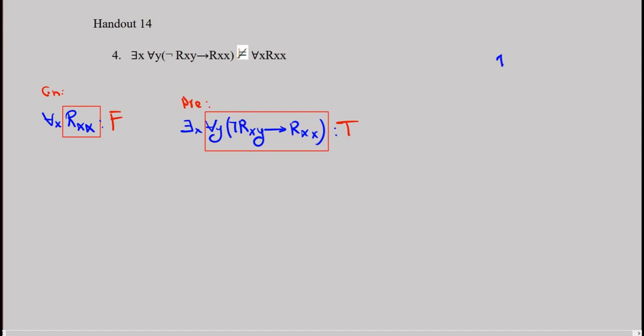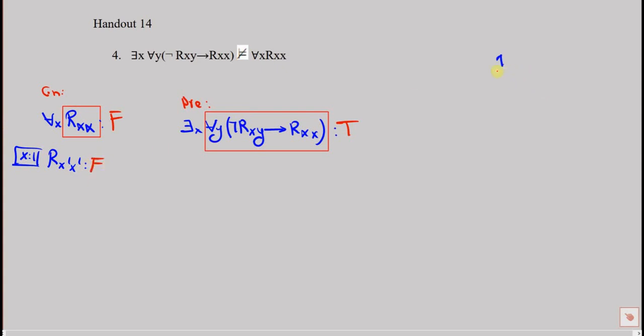Okay, so the conclusion is a universal and we want to make it false, so we need to make sure that the thing in the box is false for at least some value of x, right? At this point there is only one value, 1. So we want to make sure that Rx1x1 is false.